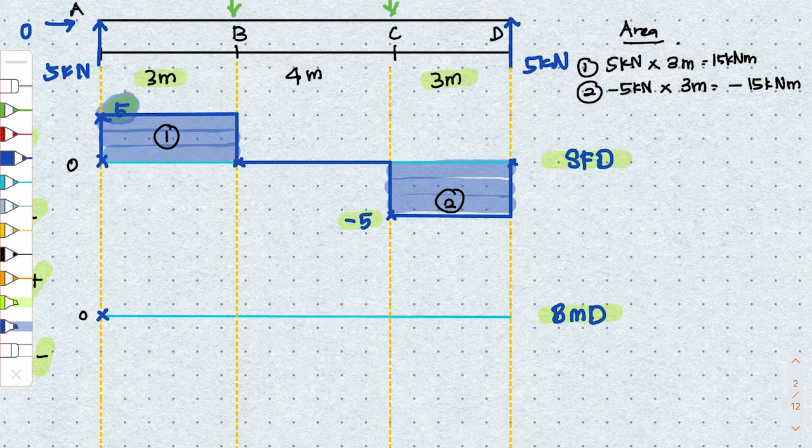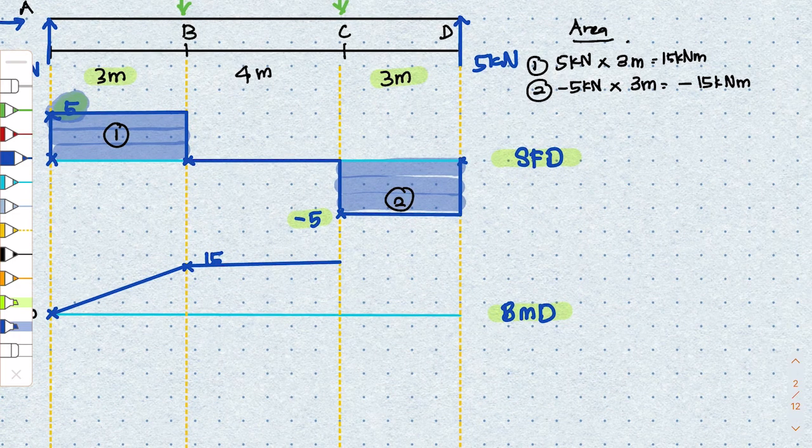Okay, kita akan letak value area tu, which is 15 kilonewton, positive value. Dia duduk kat atas lah. So garisan dia macam mana? Dia slanted but straight. Next, point B to C, there is no value for moment. Maksudnya bukan tak ada moment, maksudnya tak ada perubahan moment, which means dia akan go straight.